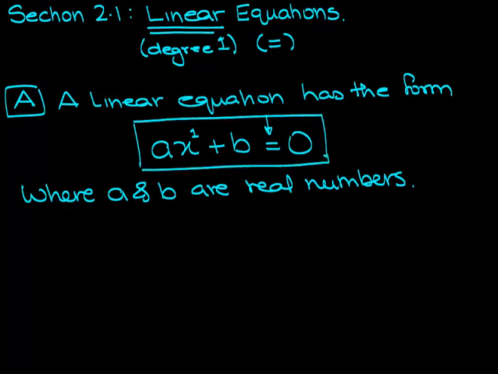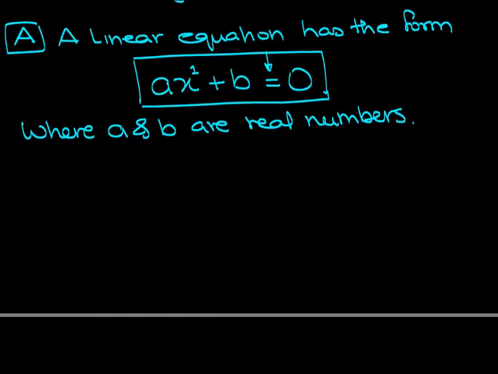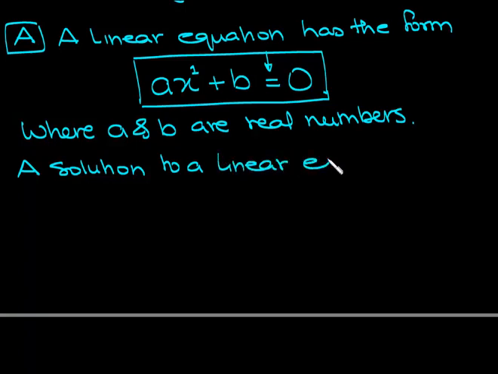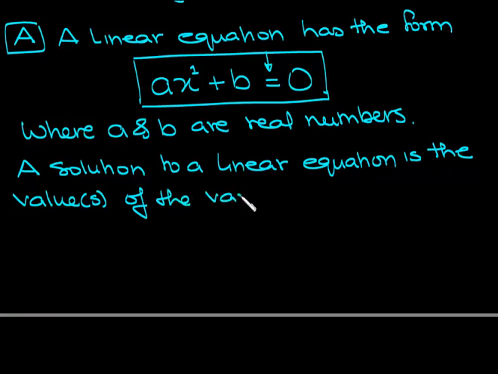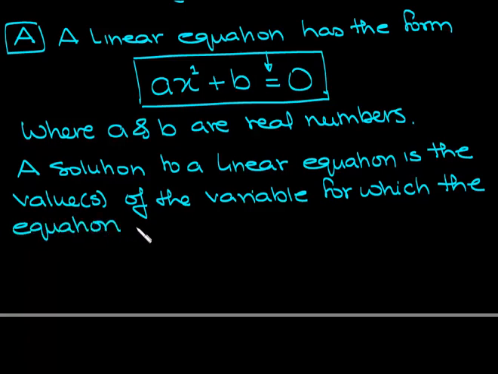Now what does it mean to find the solution of a linear equation? So let's talk about that. A solution to a linear equation is the value(s) of the variable for which the equation is true.